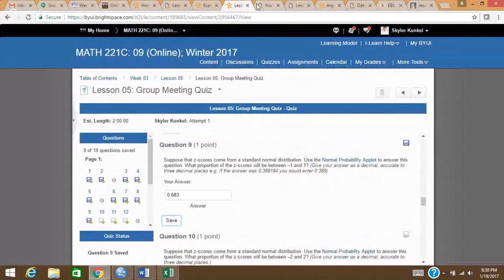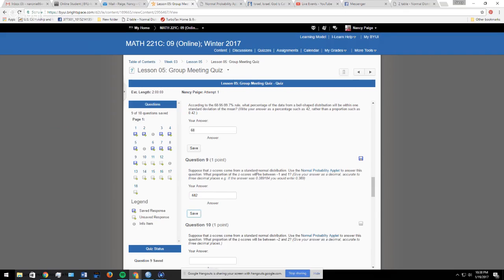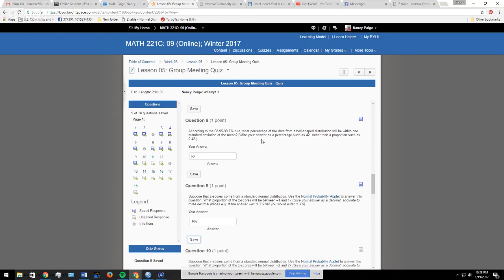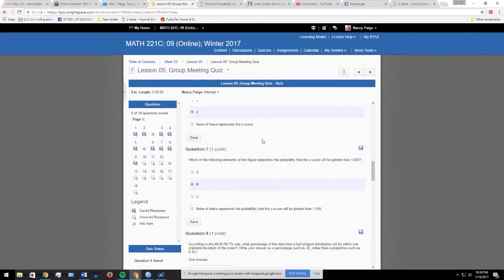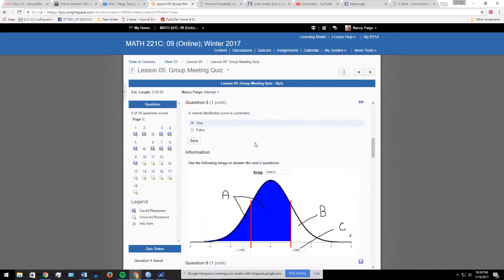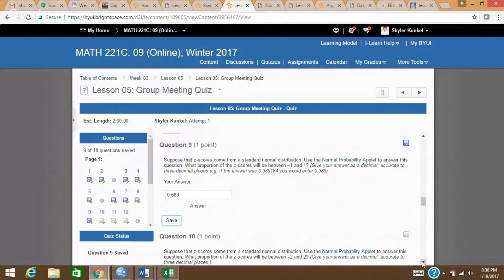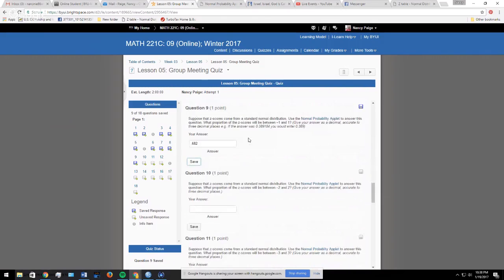Yeah, I think you do round it to 0.683, like you said. But the other one says rounded, and this one doesn't say rounded. I learned that last time: in my last homework I didn't put it in decimals, I put it in regular numbers, and I got them all wrong. So I think they would recognize it.